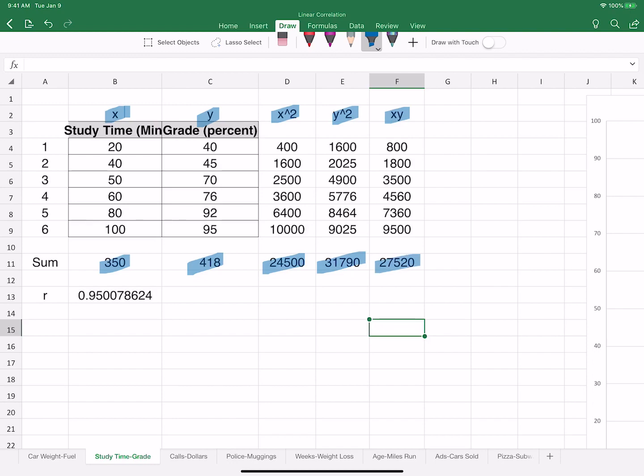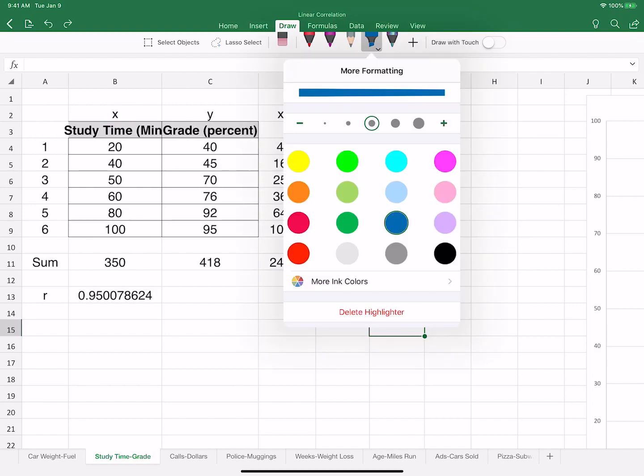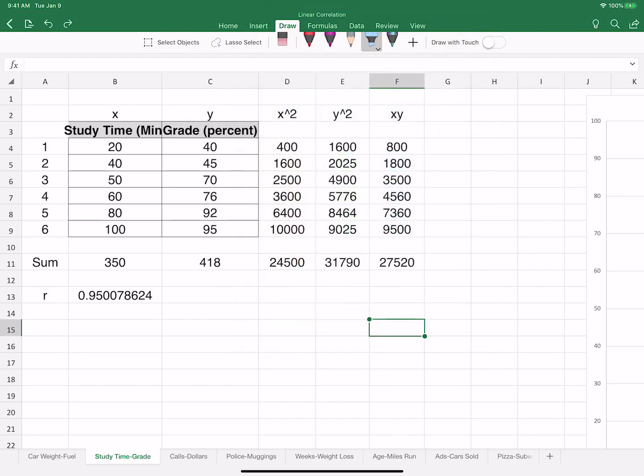Okay, we need these here. Let's do that again. I guess that's why they have the nice pastel colors. Let's do a blue. X, here's our sum x. Y, sum y. X squared, sum x squared. Here's a y squared column, here's sum y squared. XY, sum xy. So let's write that down.